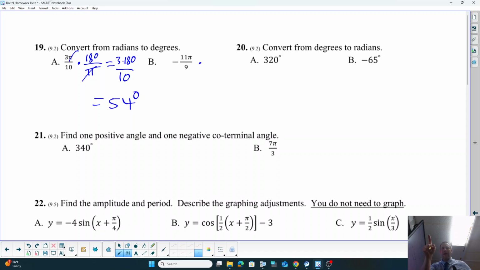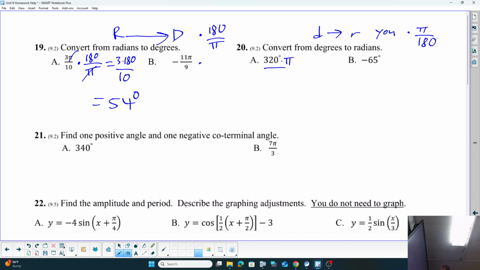So you give it a try now. Times by what? Divide by what? Radians to degrees, times by 180 over pi. And then going from degrees back to radians, you times by pi over 180. So times by pi, divide by 180, and then reduce it.